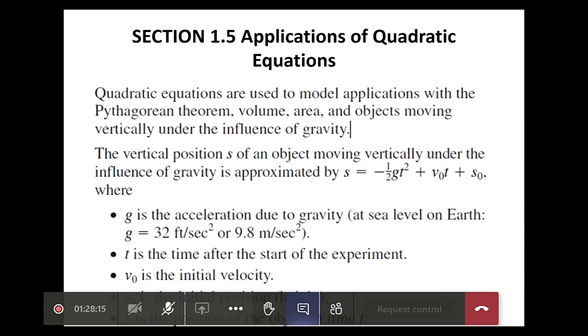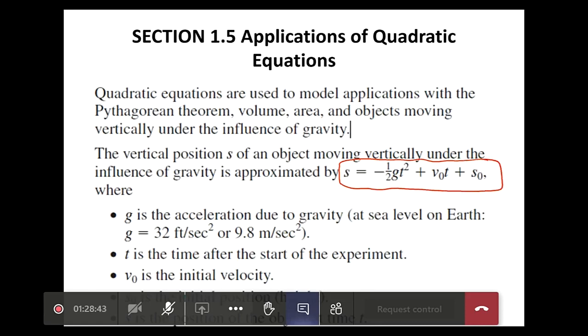Now we have a famous formula for the distance between the object and the ground, when the object falls down, or we can throw the object in the air from the ground, and so on. So we have the famous quadratic equation, this one.